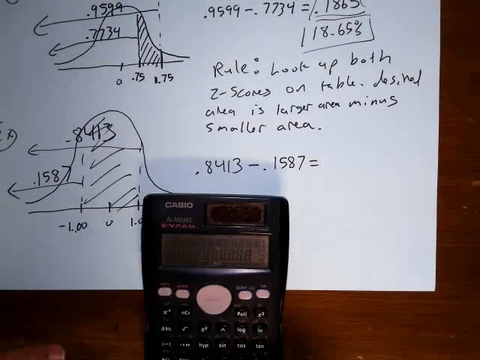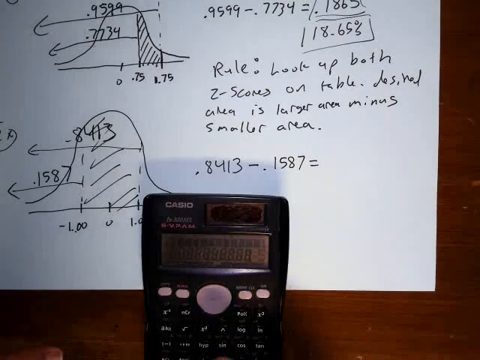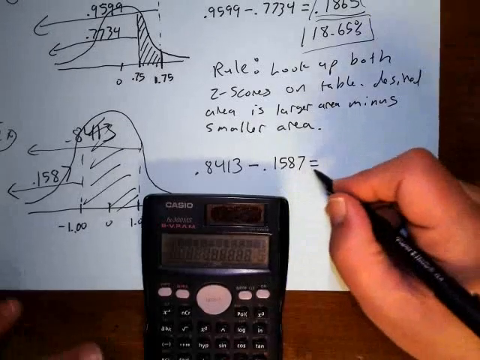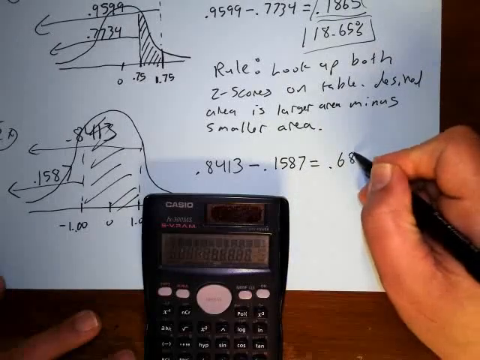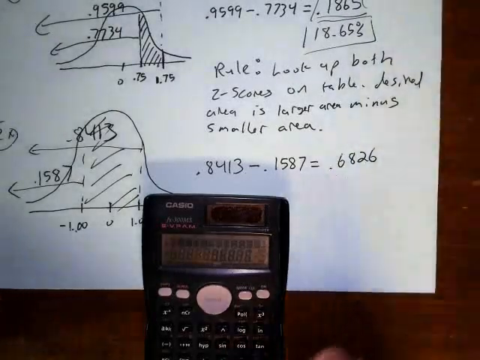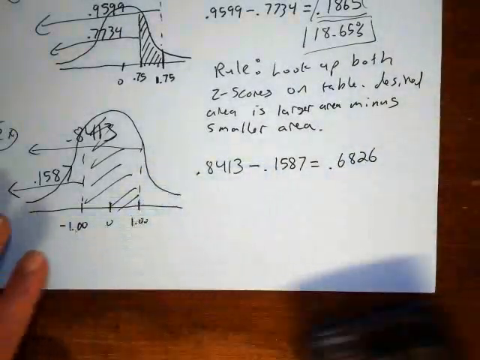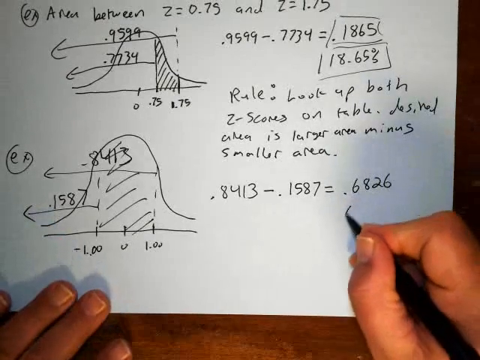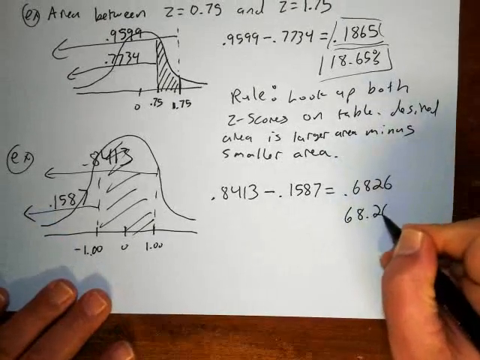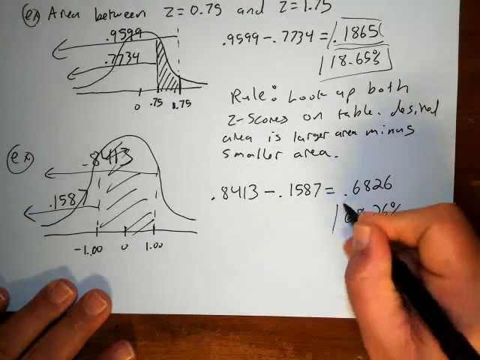So 0.8413 minus 0.1587, and I get 0.6826 here, and that would be 68.26%.